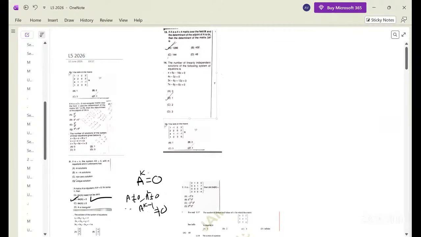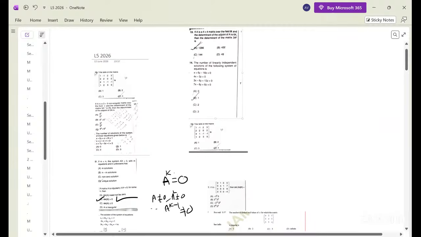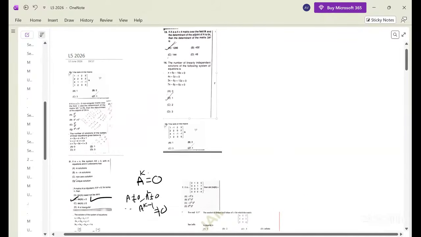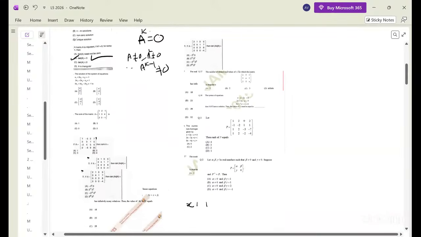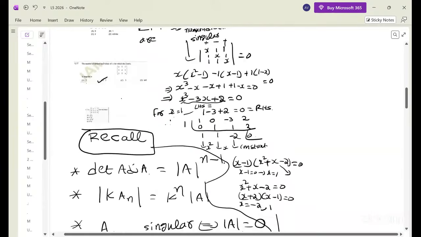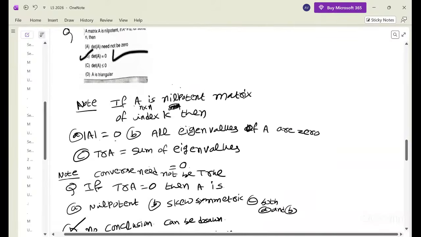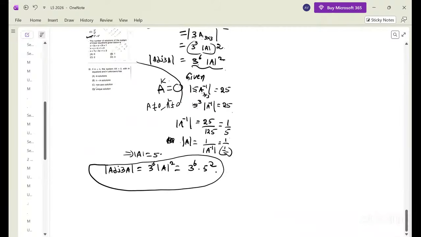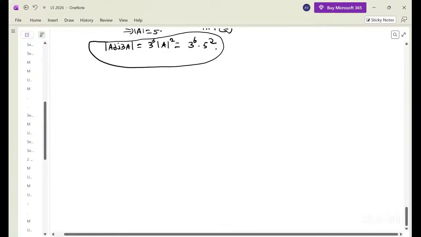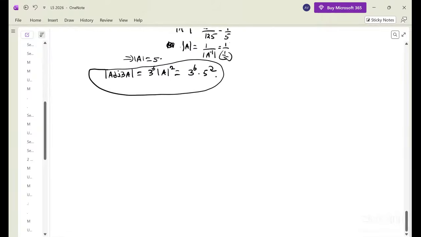When I share this document, it will be there. Now, one of the concepts, that question is not there. Next week I'll discuss what the determinant will be if a row is added to another row. It's not here, I'll get to it next week.